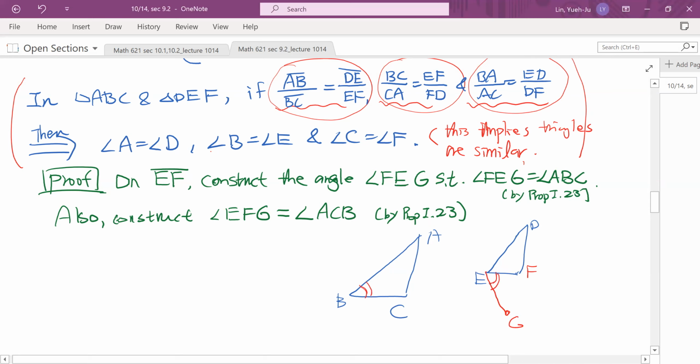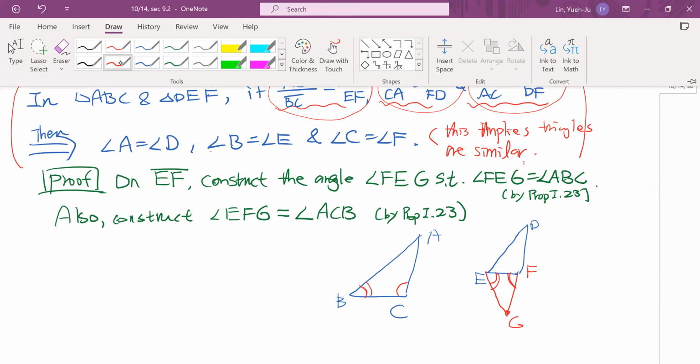I want to duplicate ABC, like an extra triangle. And I also construct angle EFG to be equal to angle ACB. So EFG is equal to ACB, right? Then the third angle should be equal, right?